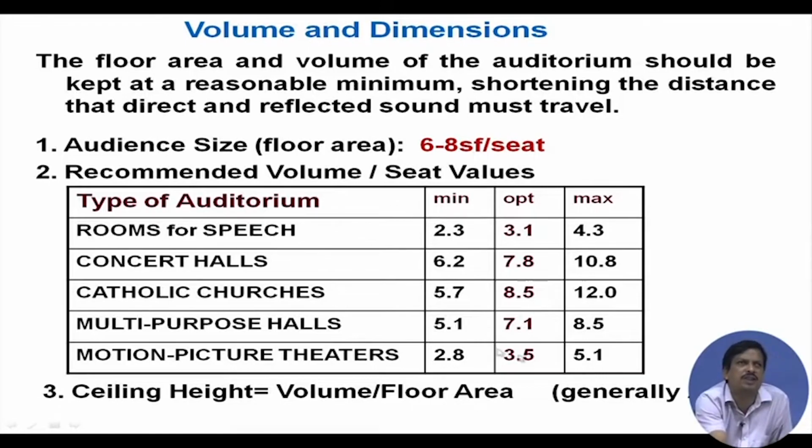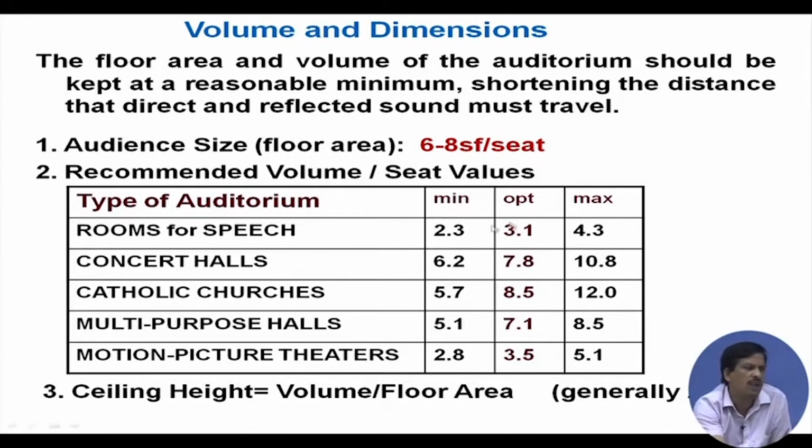For speech, like a lecture theatre, it is 2.3 minimum, 3.1, maximum 4.3 square feet per seat. Then 6.2, 7.8, 10.8 square feet per seat for a concert hall. For a picture theatre like a cinema hall, it is 2.8 minimum, 3.5 optimum, and 5.1 maximum.